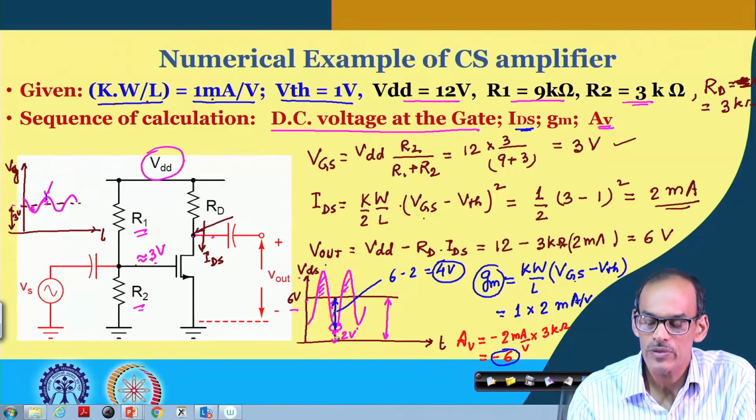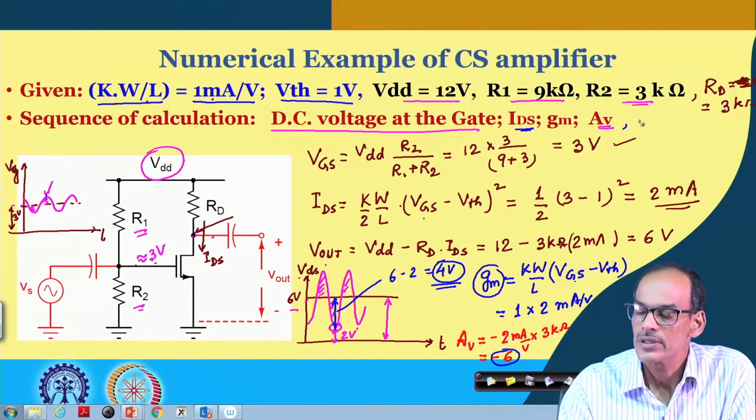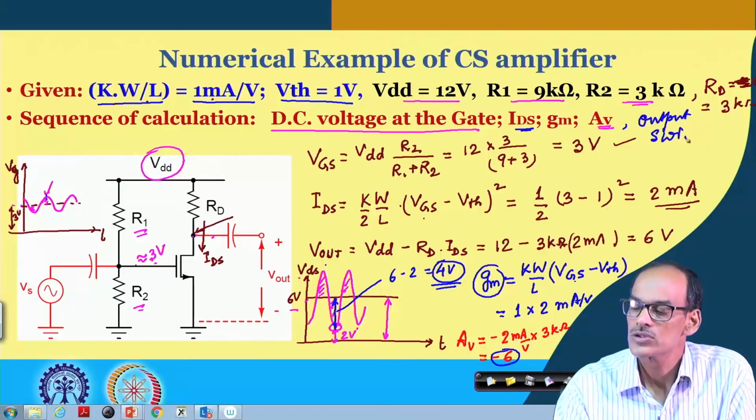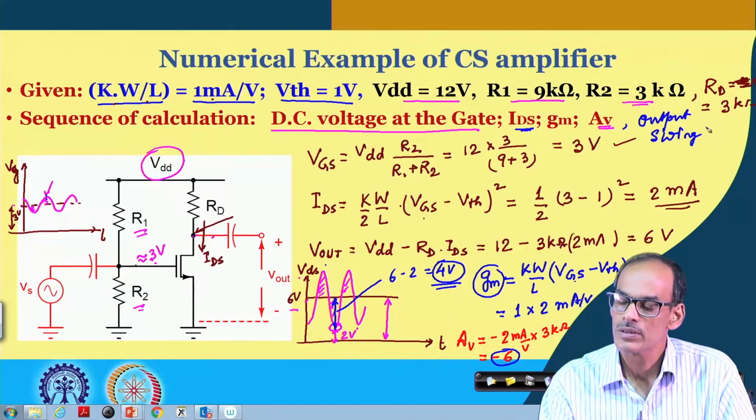Anyway, approximately we can ignore that part, and then we can say that the output swing is plus minus 4 volt, at least on the lower side.